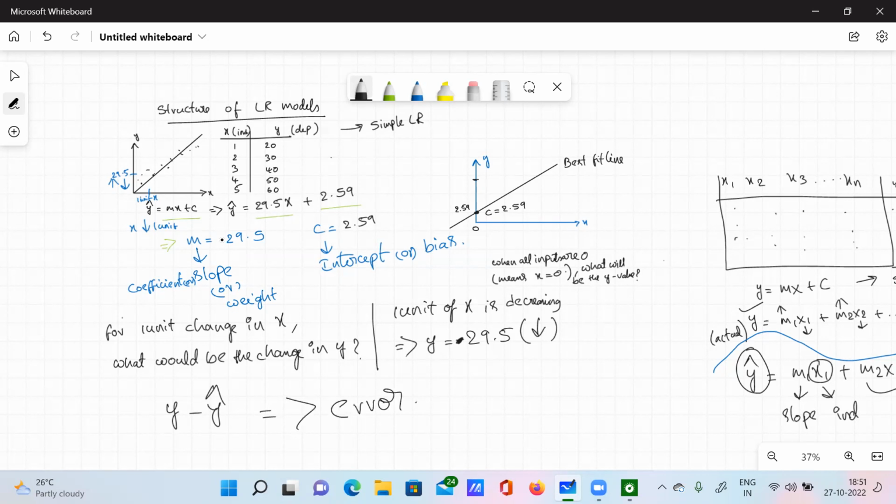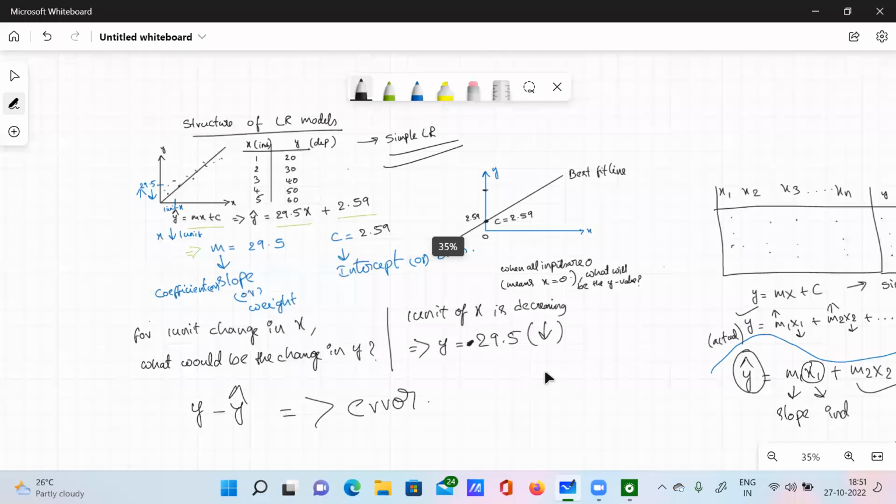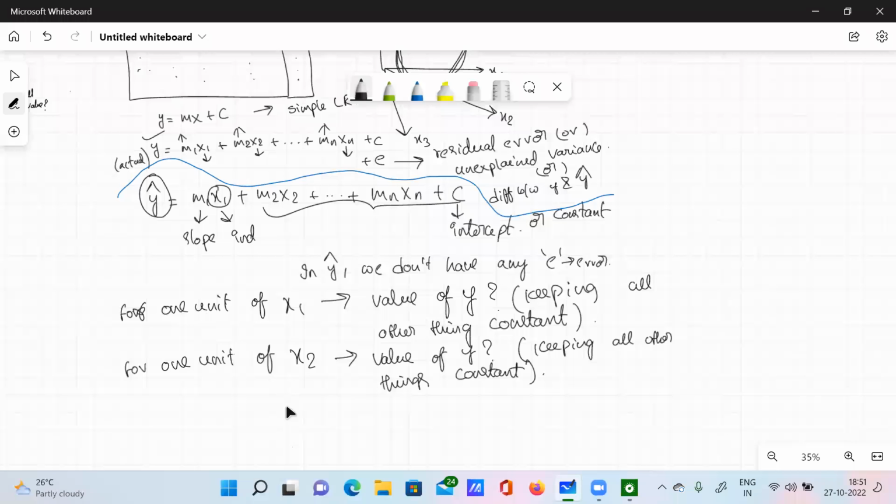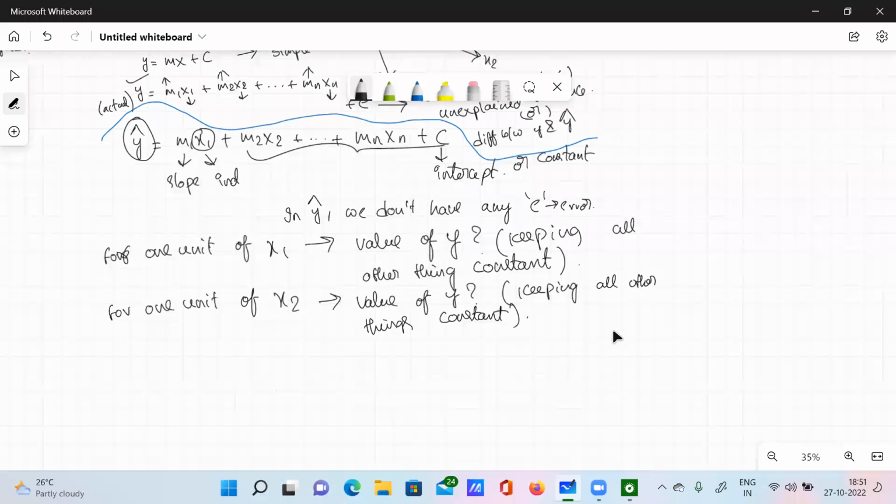When you calculate the difference between actual and predicted, you get the error. This is only applicable to a simple linear regression model. But here, this is not the case, because you have too many variables, and if you just consider y minus y hat, you will need to sum up all the things.